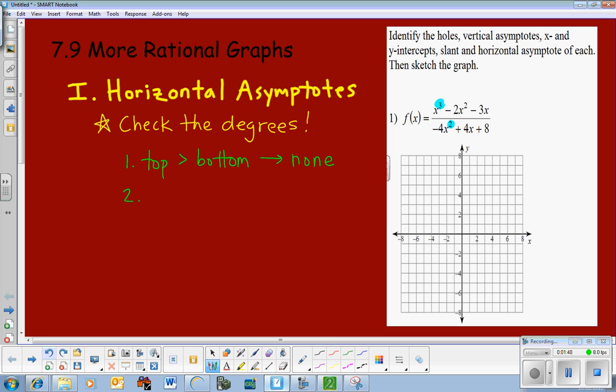Number 2. If the top equals the bottom, which we've talked about some before, then the horizontal asymptote is the ratio of leading coefficients.